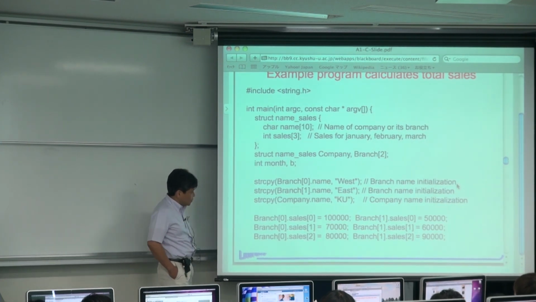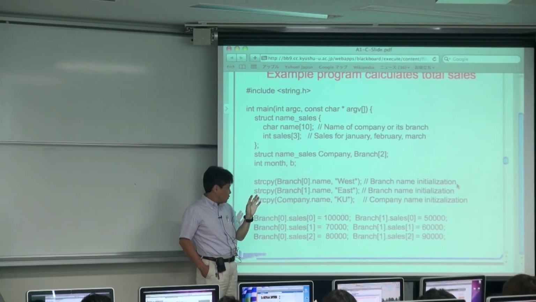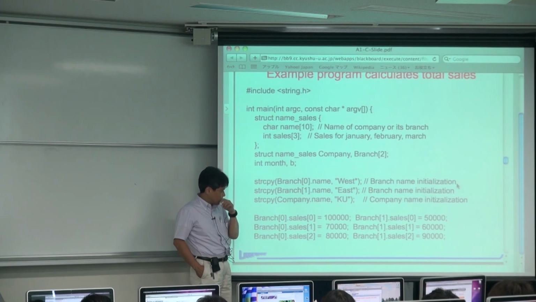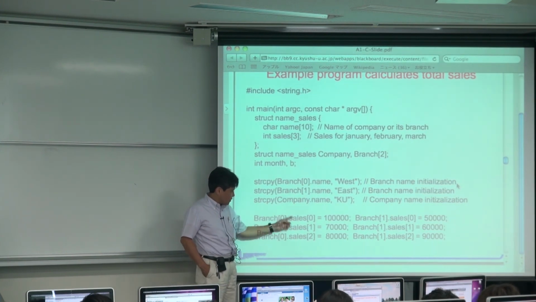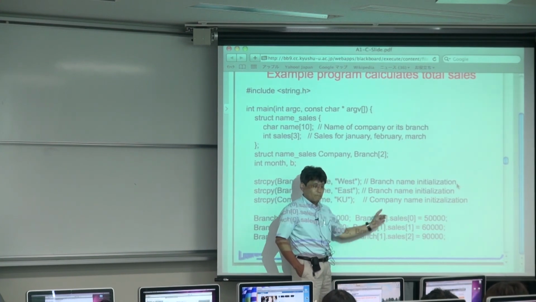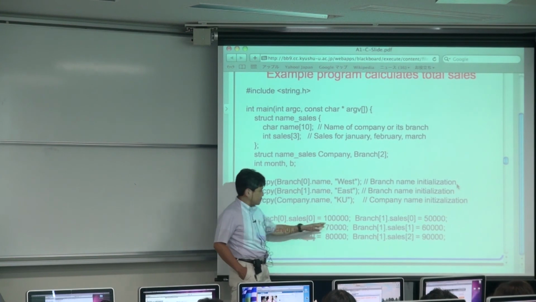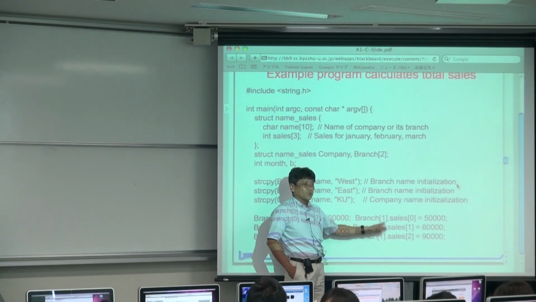And initially, you have to define the sales of each month for both branches. So this corresponds to the West branch and the East branch. Okay? So 0 corresponds to the West branch and 1 corresponds to the East branch.